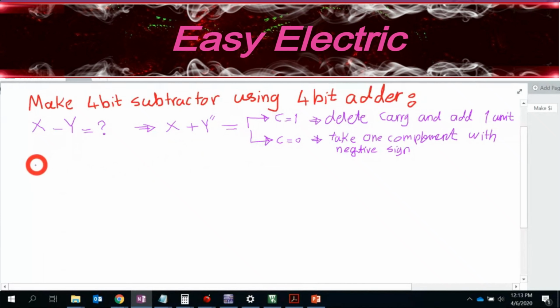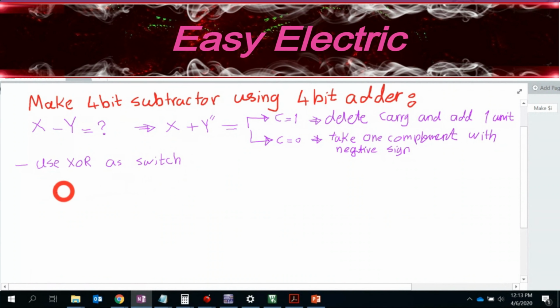The second thing that I use whenever I design the subtractor is this: you could use an XOR gate as a switch. Again, we learned this in chapter 1. Let's see what I mean.